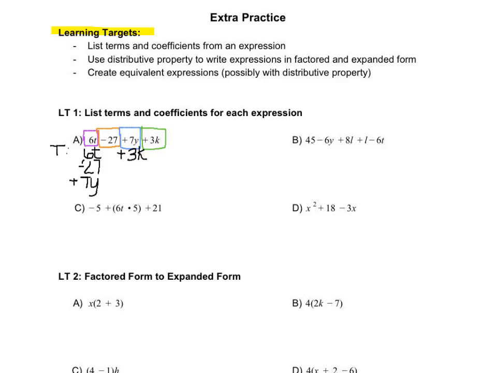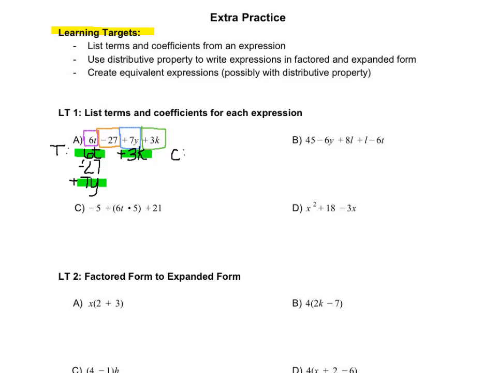The second part of that is to list the coefficients. Remember that the coefficients are the numbers directly in front of a variable. Looking at my list of terms, I can see that this one includes a variable, this one includes a variable, and that one includes a variable.